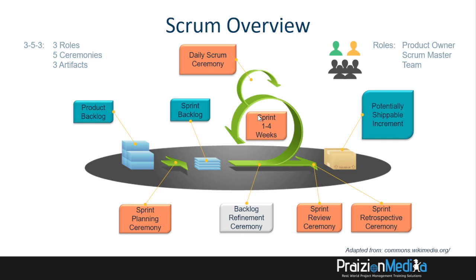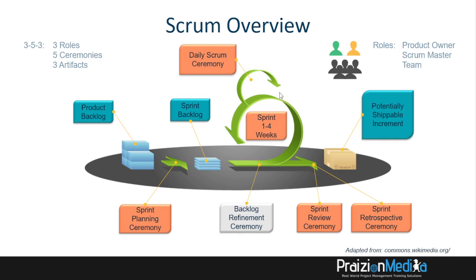Finally, agile. That will be a topic for a different day, but I'll leave you with this thought. What is agile? It's not a framework, it's not a methodology. Agile is a mindset. The most popular agile framework that encapsulates that mindset is called Scrum. And Scrum is based on a 3-5-3 configuration.